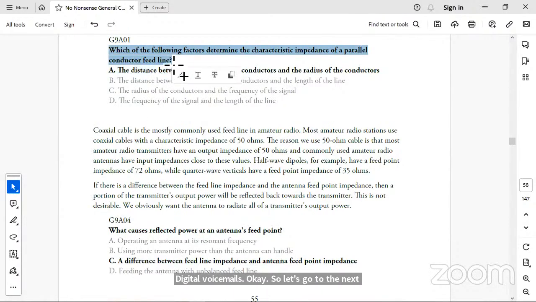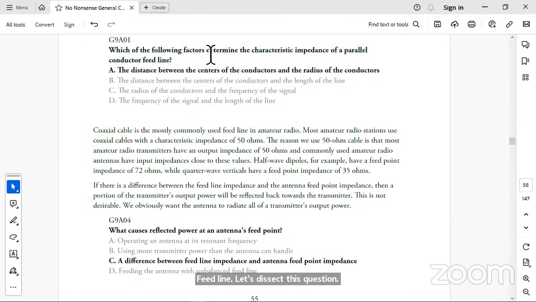Okay, so let's go to the next question in the question pool. Which of the following factors determine the characteristic impedance of a parallel conductor feed line? Let's dissect this question. What are they asking us? They're asking us the following factors that determine the characteristic impedance, but of what? Of parallel conductor feed lines, such as ladder line, for example, right?